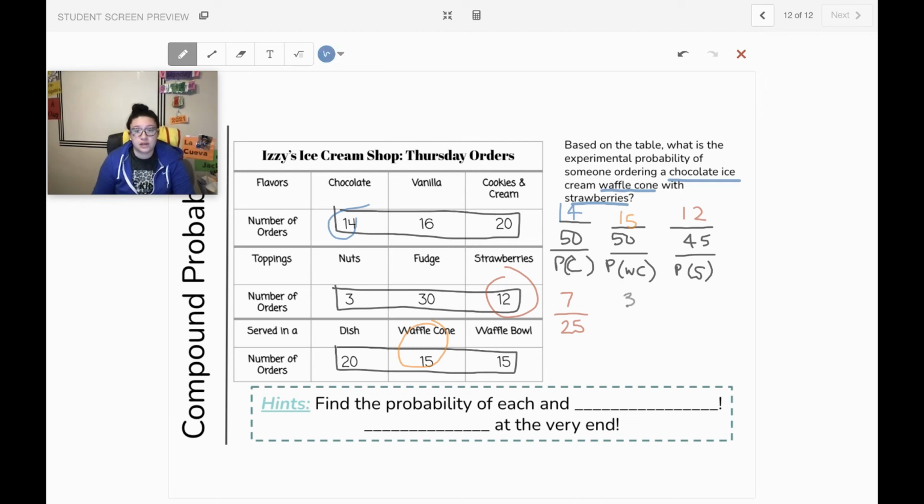And I get 3/10. And then 12 and 45, I can divide 3 into both of those. And I get 4/15.